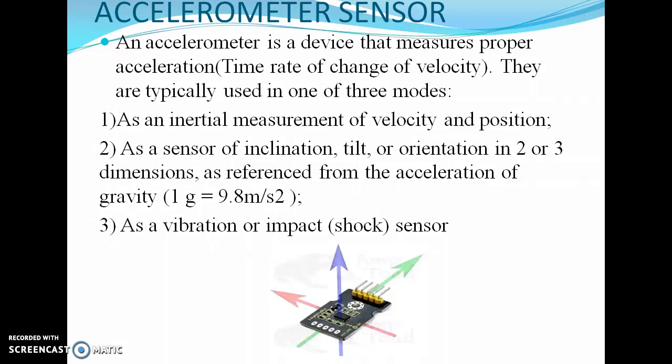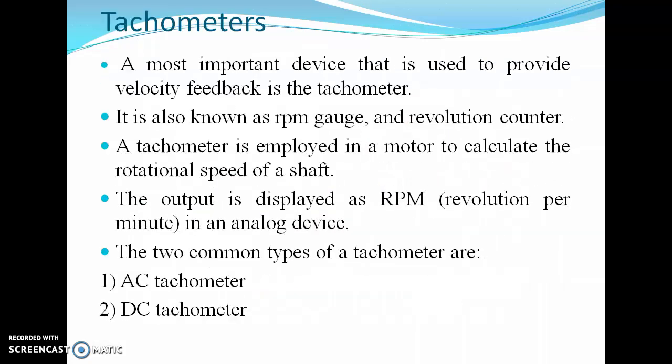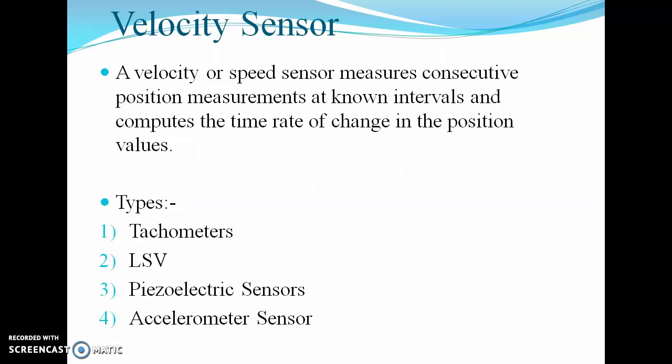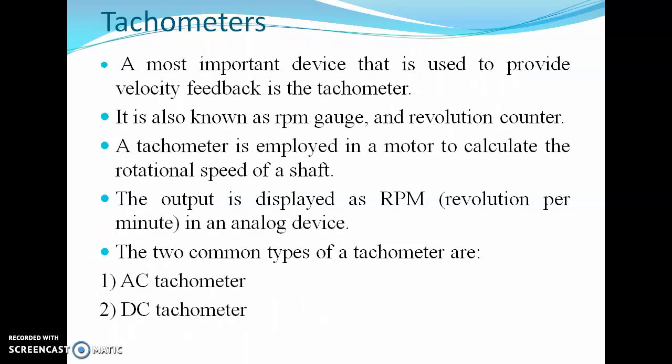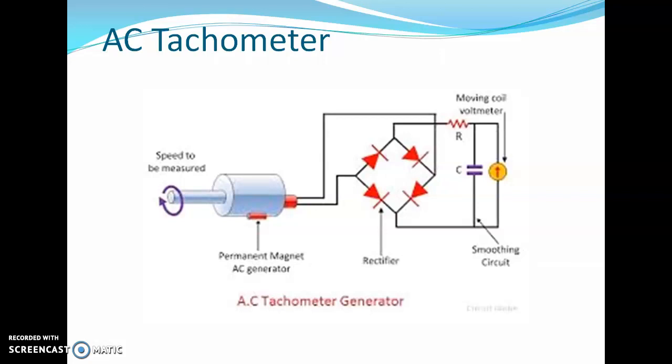Okay, so friends, we have seen in this presentation velocity sensors and their types: tachometer, again I repeat, AC tachometer and DC tachometer. This is AC tachometer, you can see here.